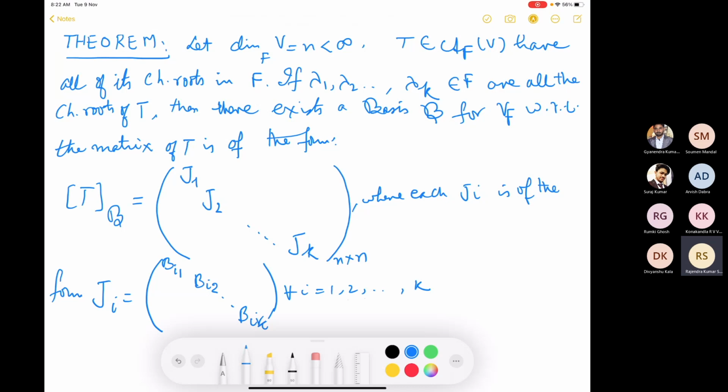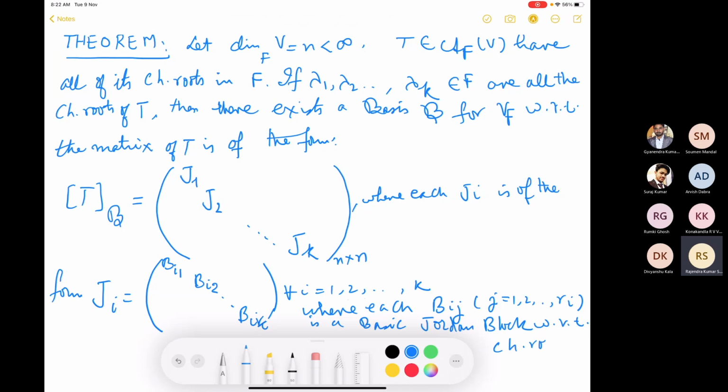And where each Bij, j from 1 to Ri, is a basic Jordan block with respect to the characteristic root lambda i. So such a result we want to prove.